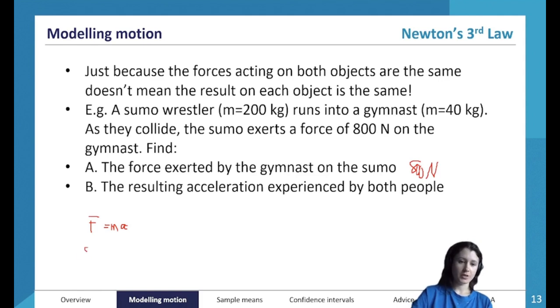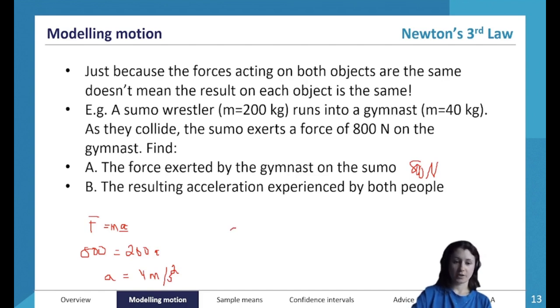If we know that 800 newtons of force is applied, the acceleration just depends on the mass of each person. For the sumo wrestler, the mass is 200, so our acceleration is going to be 800 divided by 200, which is 4 meters per second squared.